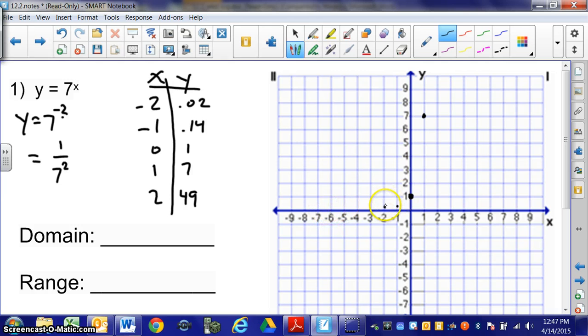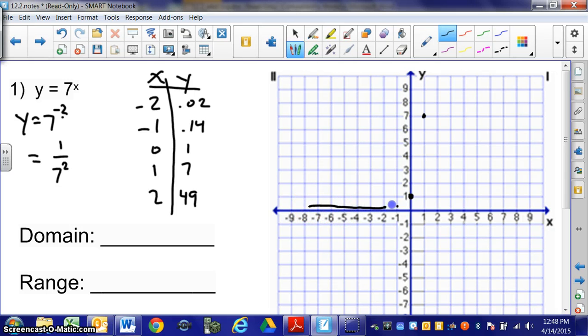So I'm going to go ahead and graph this. Now the question is about this x-axis here. I'm never going to be able to plug in a number for x and get it to equal 0. Never. Can't happen. Think about it. 7 to the -100th is still 1 over 7 to the 100th. It's a really small number, but it's never going to be 0.